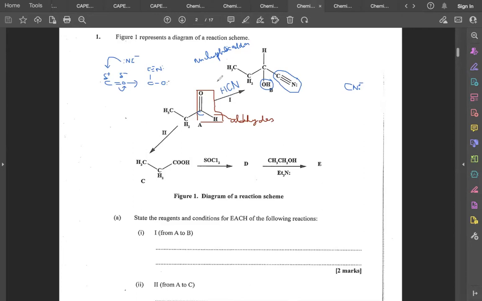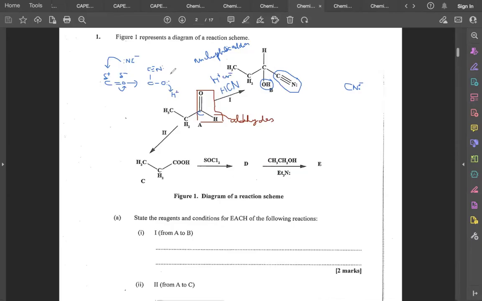And so the H that's in the solution is going to take these electrons. There's an H plus, because this is essentially H plus CN minus. Really, that's what hydrogen cyanide is, H plus CN minus. The H plus coming from that is going to form a bond with the oxygen.